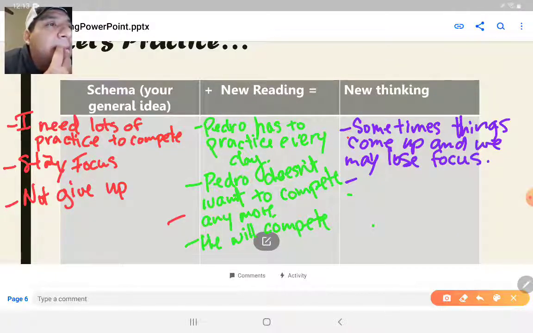Sometimes things come up and we may lose focus. Also, it's kind of hard to write with this pen. It's kind of weird. I still can't get my penmanship right.